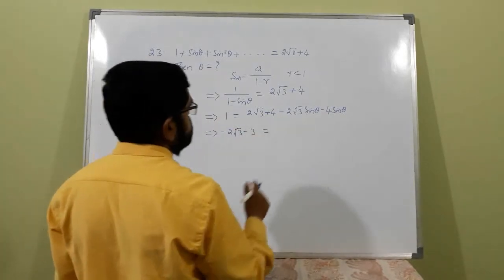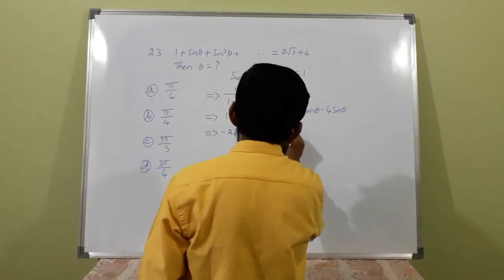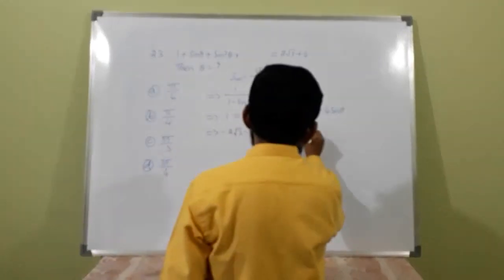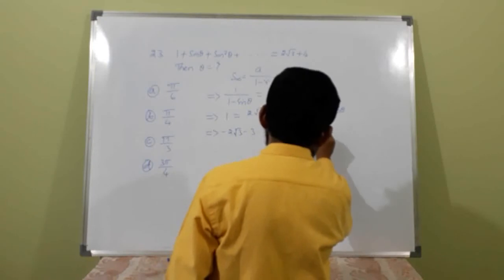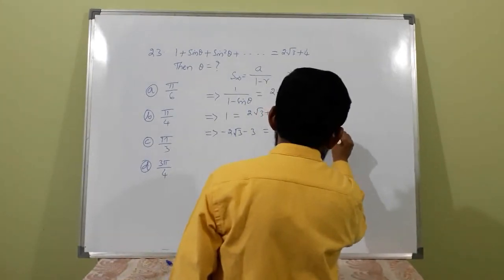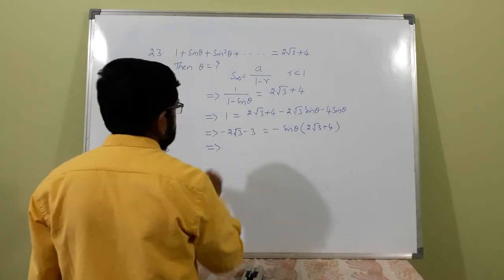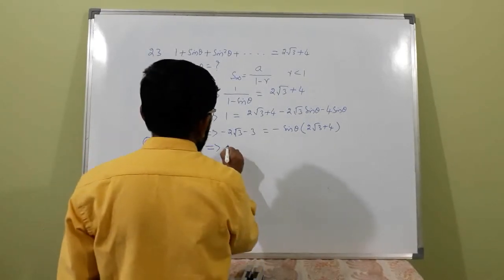If you bring this side, minus sin theta into (2 root 3 plus 4), that implies 4 sin theta.